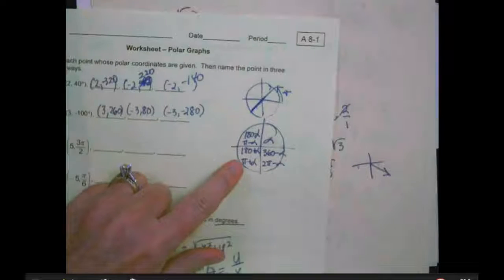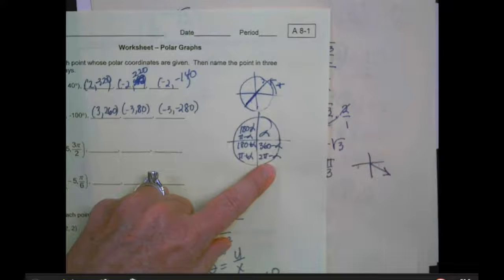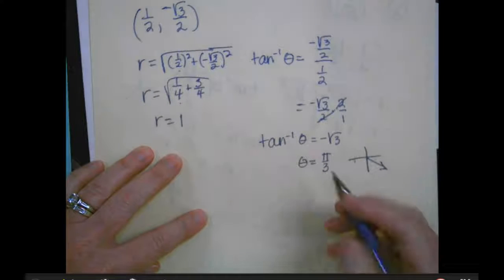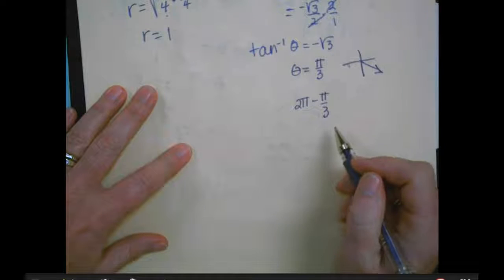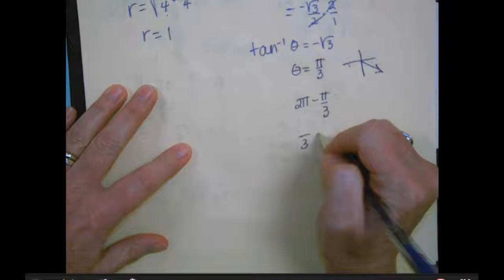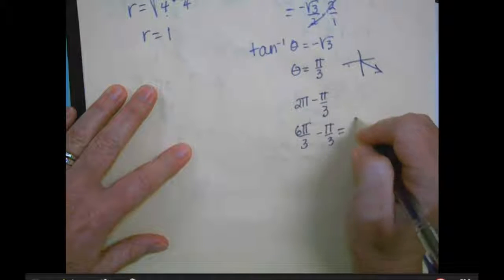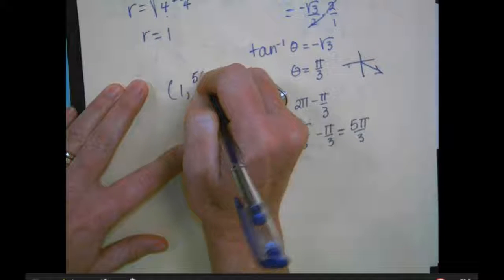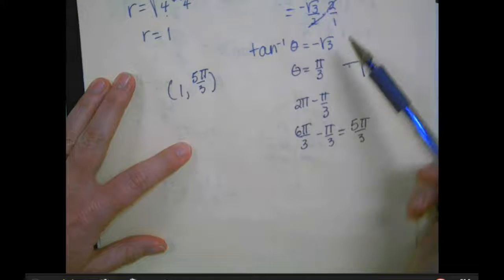If I want to get in the fourth quadrant, I have to take 2 pi minus the reference angle. So I'm going to have to take 2 pi minus pi over 3. Let's put this over common denominators. If this is over 3, it's going to be 6 pi over 3, which gives me 5 pi over 3, giving me an answer of 1 and 5 pi over 3. Because that's a positive one, and I want a negative.